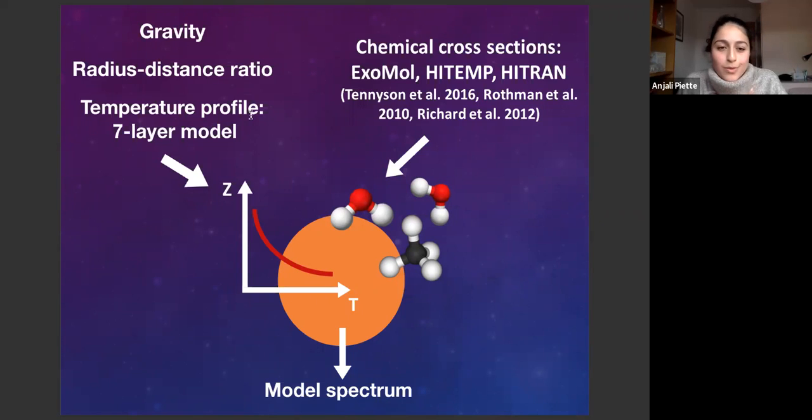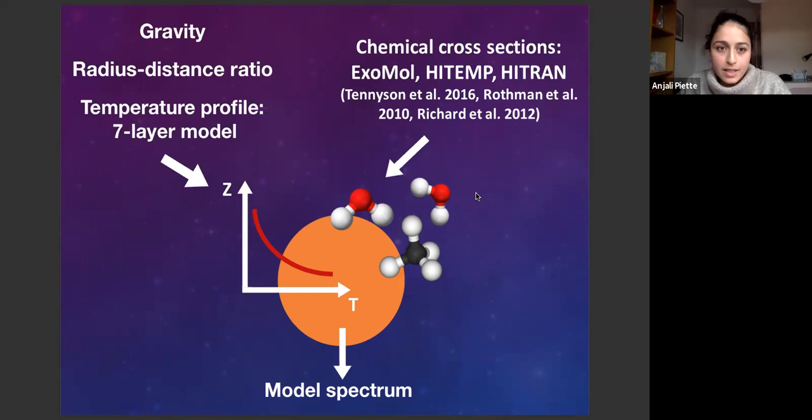As I've alluded to before, the way that we parameterize the temperature profile is also really important. So I'll be going into more detail in the next couple of slides on that. But that's another set of parameters that we include, the parameters for the temperature profile. And then we also have the chemical abundances as parameters, and we're using chemical cross sections from the latest databases, including ExoMol, HITEMP, and HITRAN.